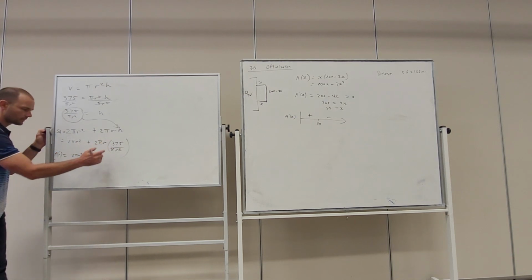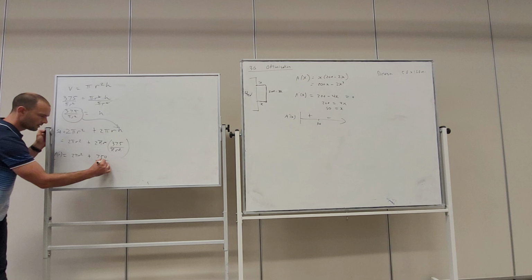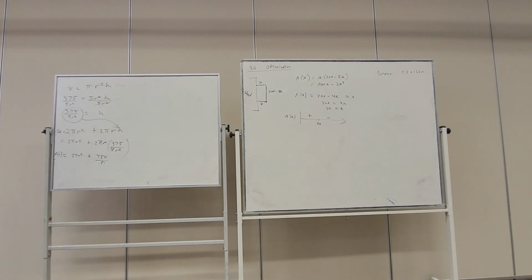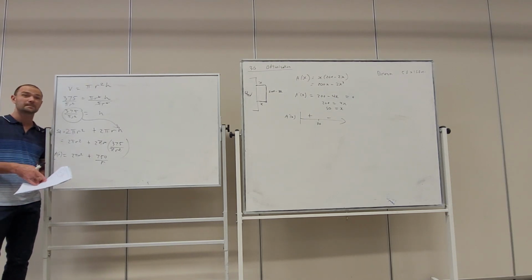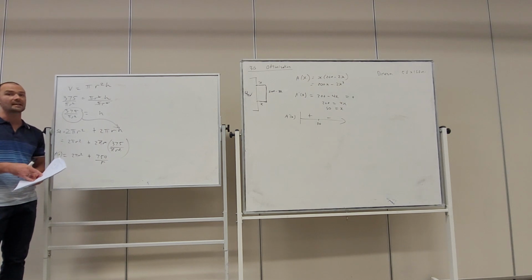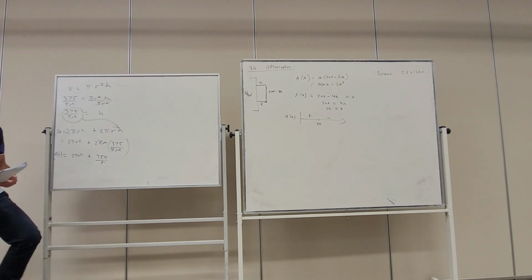And then 2 times 375 is 750 on top of r. Splendid. Hence show, done. So parts A and B, often those are the 2 trickiest parts to access, but even if you can't get them, you can still answer the later parts.